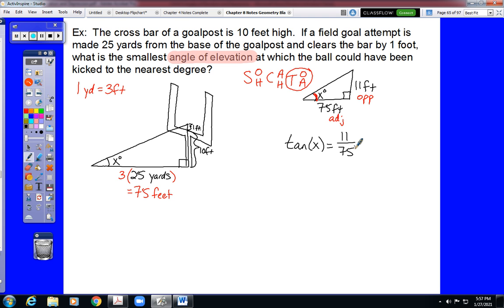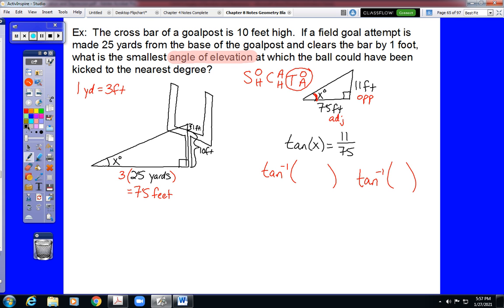Remember that I do expect to see that equation. You are not showing enough work if you never write the equation. Then, we need to solve that equation for x. So to get x by itself, we need to get x out of the tangent function, which means we need an inverse tangent function, or an arctangent. Again, I would not expect to see this work step, but these are your notes, so it's probably a good idea to write down what's going on.